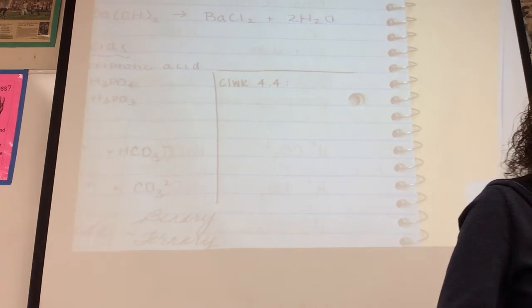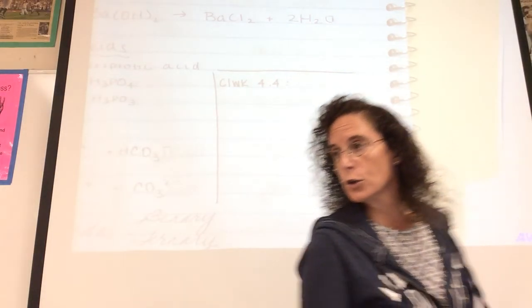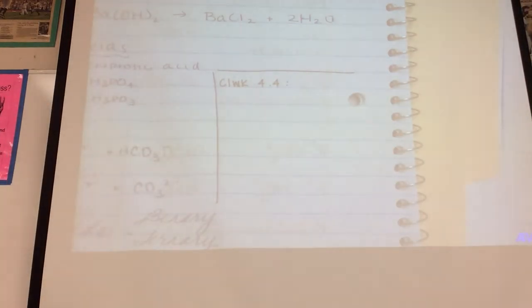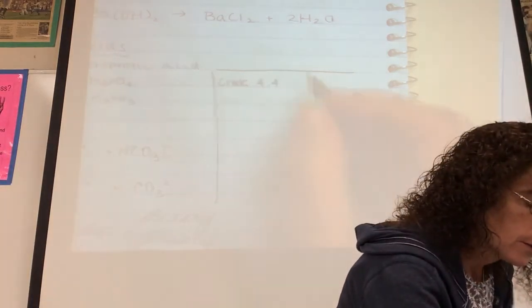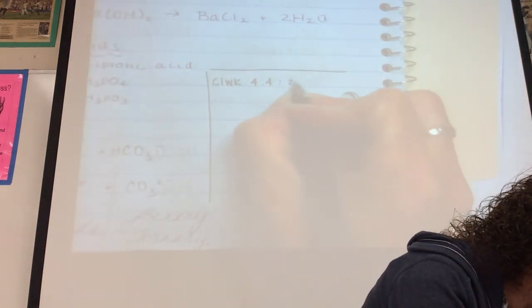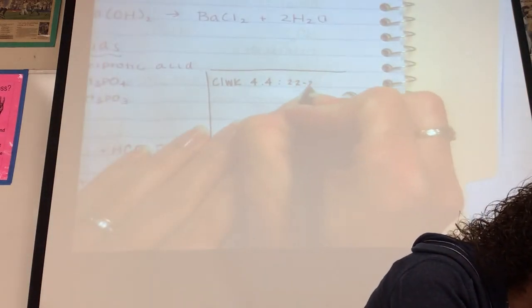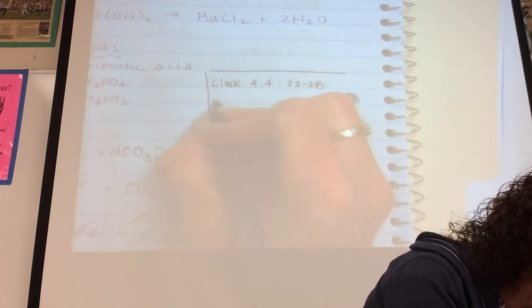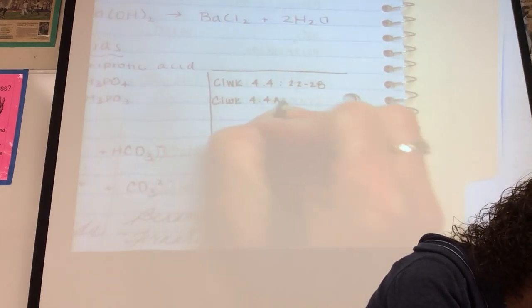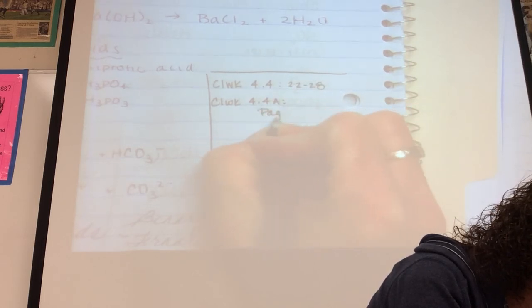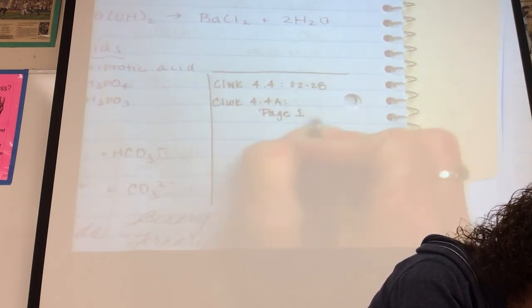So some of you already did through 21. You now can do through 28. So 22 through 28. I'm going to give you a second classwork on naming. You want to be able to do the front page only.